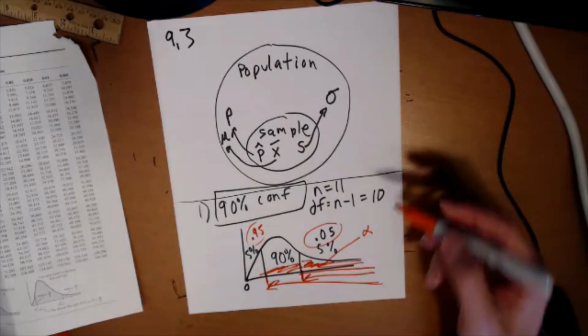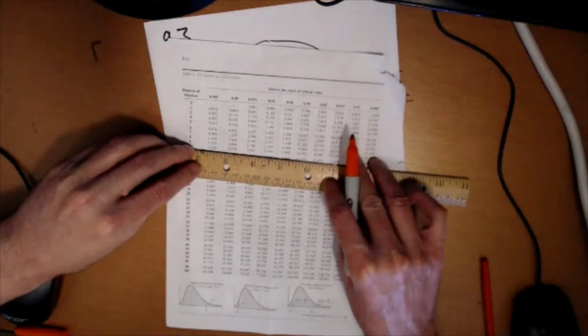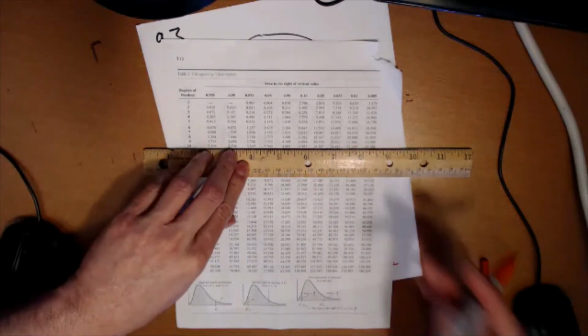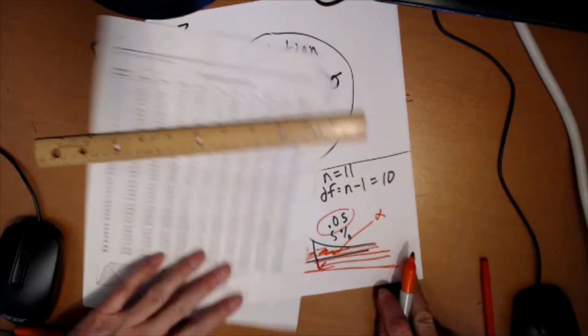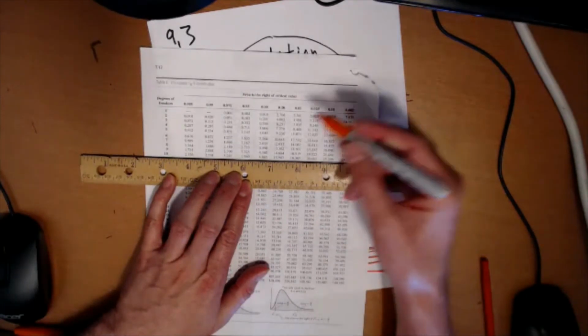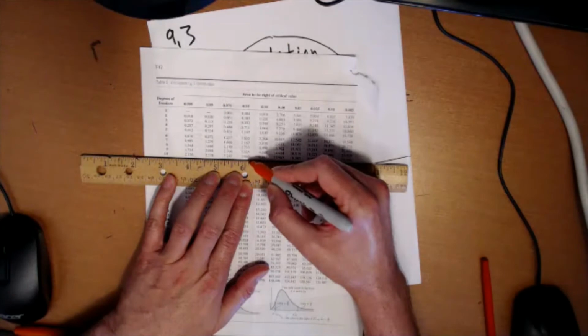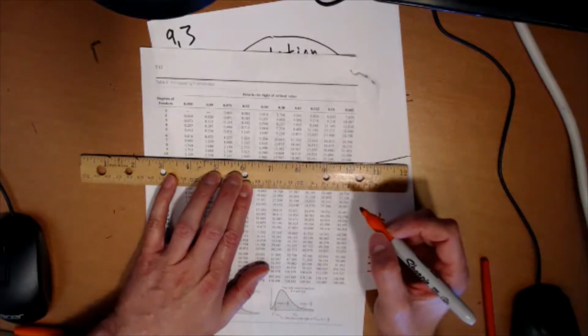You're stuck in row 10. Sometimes I like to use a ruler. I'm stuck in row 10 and I'm looking for 90% in the middle. So that's going to give me 18.307 and 3.940.